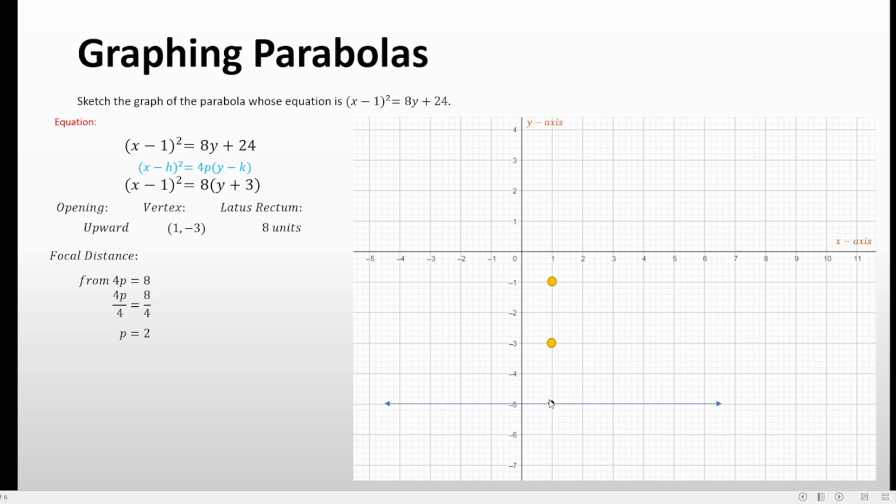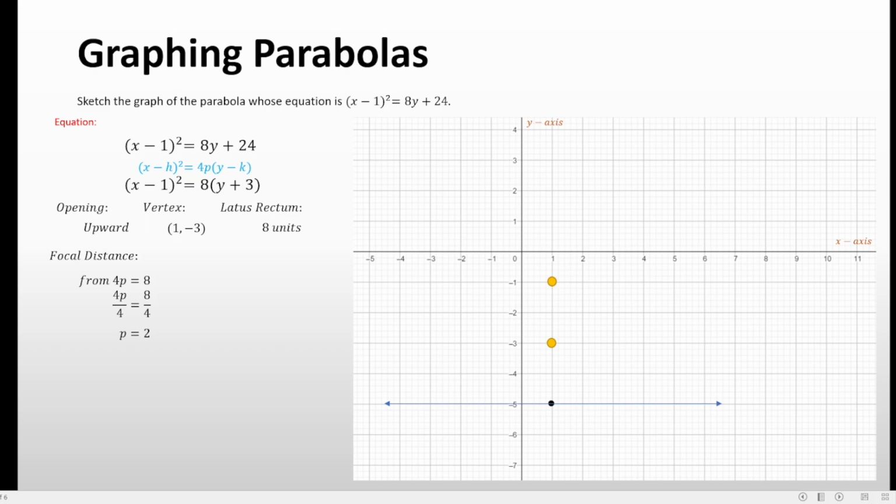Well, how did I know that it's horizontal? Just use simple logic. If I do it vertically, then it passes through the vertex, right? Remember, the directrix will never pass through the vertex of the parabola. What passes through the vertex is actually the axis of symmetry.